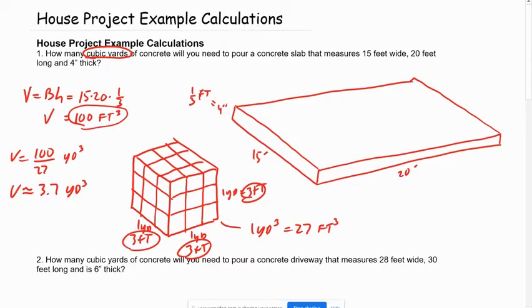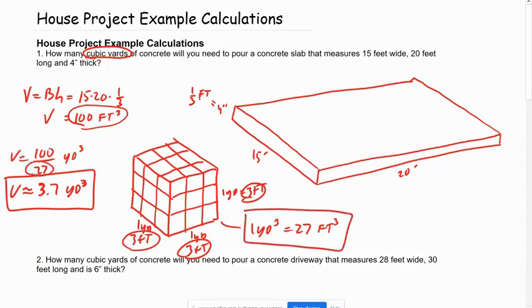If we order 3.5 cubic yards, we might come up a little bit short. So depending on your project, you'd have to make that determination whether you want to order a little bit more or a little bit less. So the key there is when you're converting cubic feet to cubic yards, you divide by 27 because there are 27 cubic feet in a cubic yard.